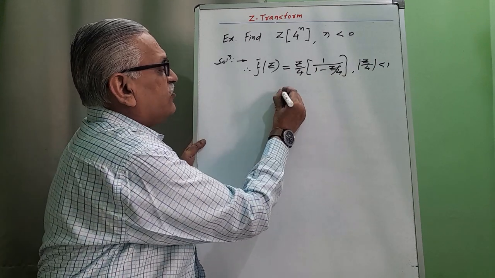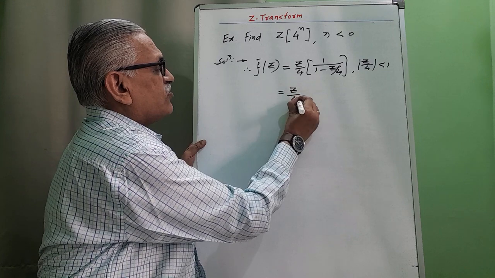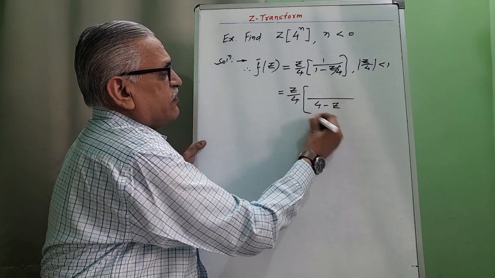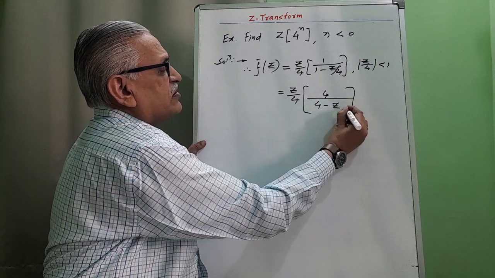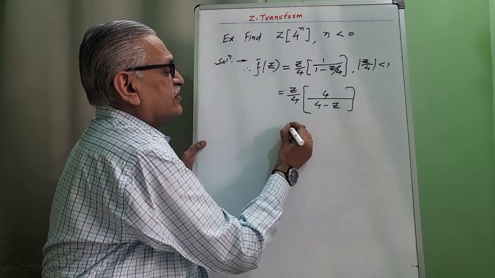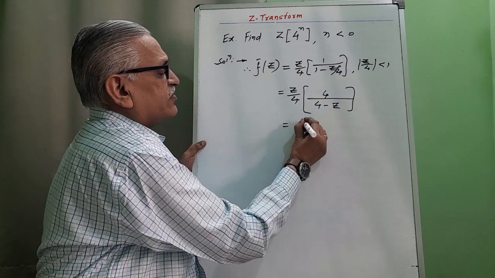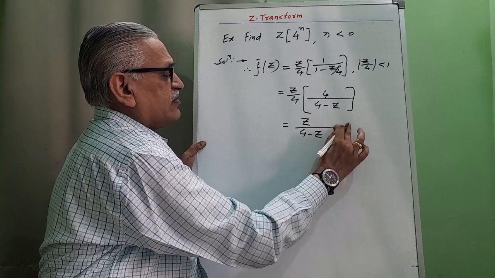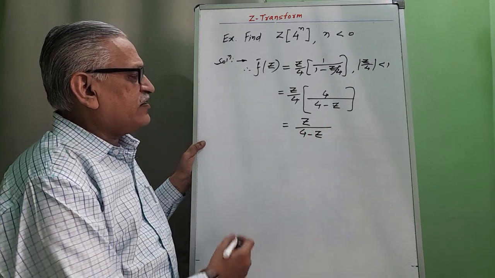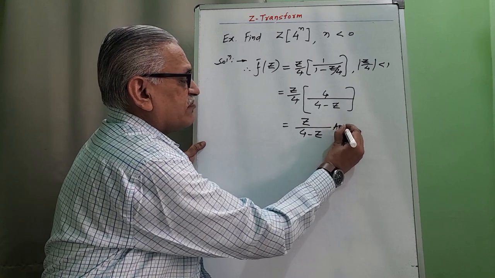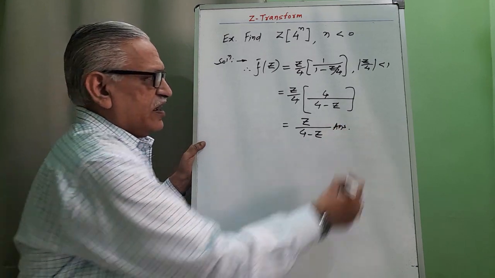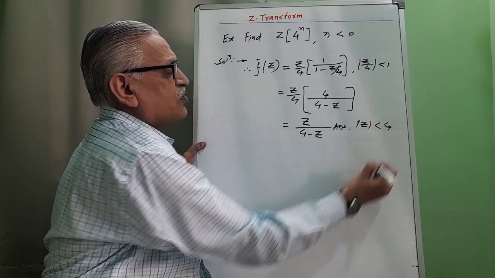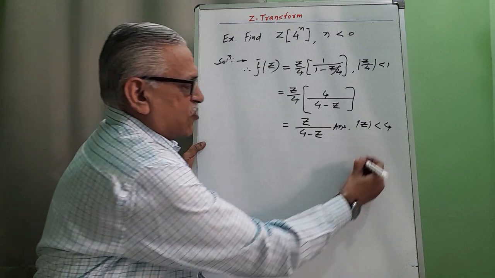Multiplying by 4, we have z by 4 multiplied by 4 divided by 4 minus z, and the 4 gets cancelled. Therefore we have z upon 4 minus z as the required answer for the Z transform, and the condition is mod of z less than 4. This is the region of convergence.